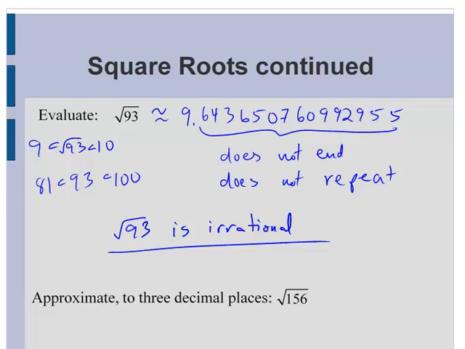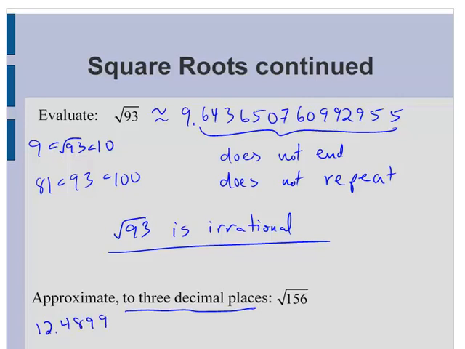If you have a calculator handy, approximate to 3 decimal places the square root of 156. All right, so on my calculator, I found that the square root of 156 was 12.4899.